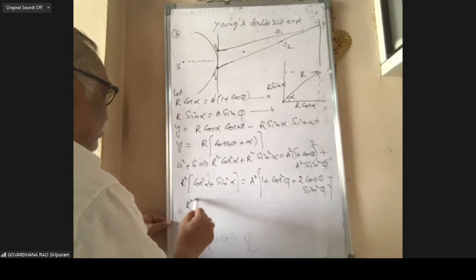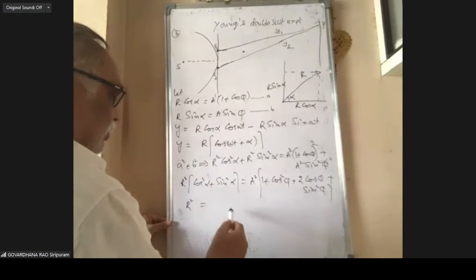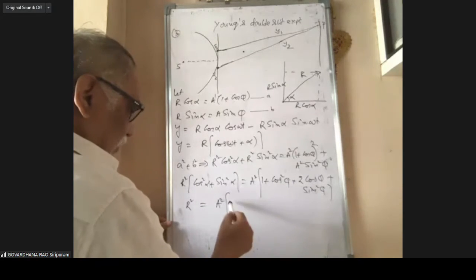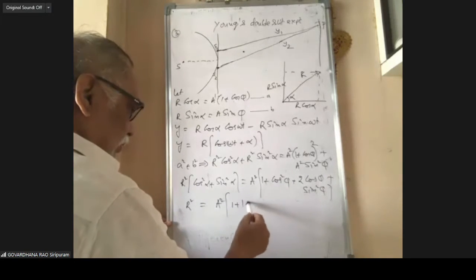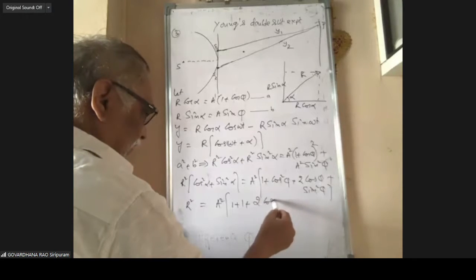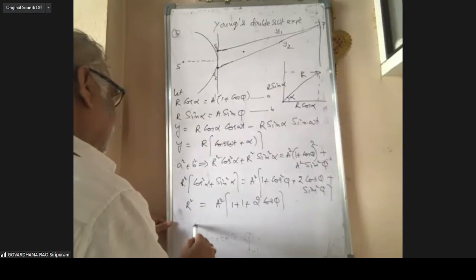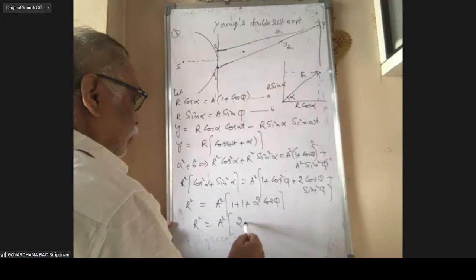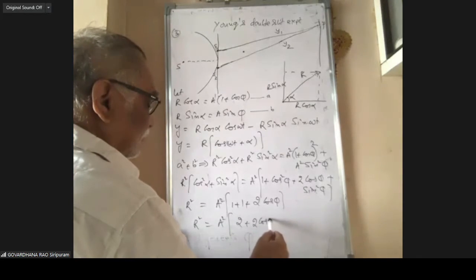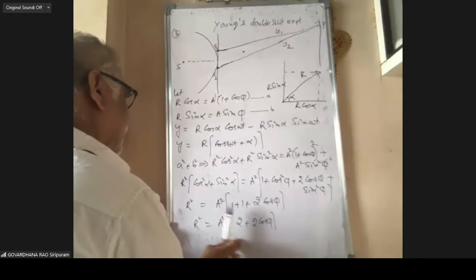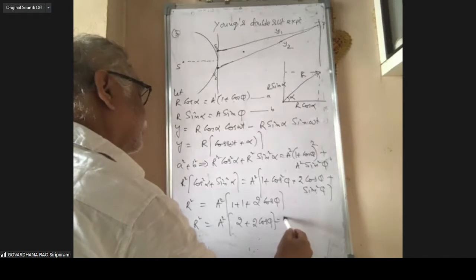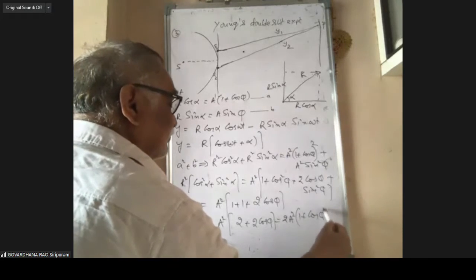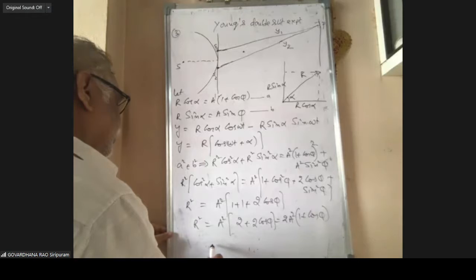So what is this R square? This is 1, A square. Cos square plus sin square is 1, plus 2 cos phi. So R square is A square into 2 plus 2 cos phi. Correct? 2A square into 1 plus cos phi.